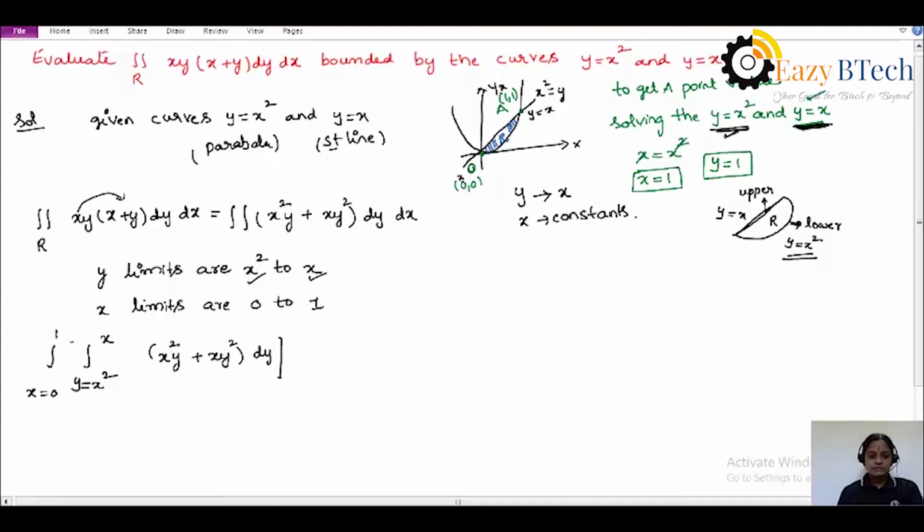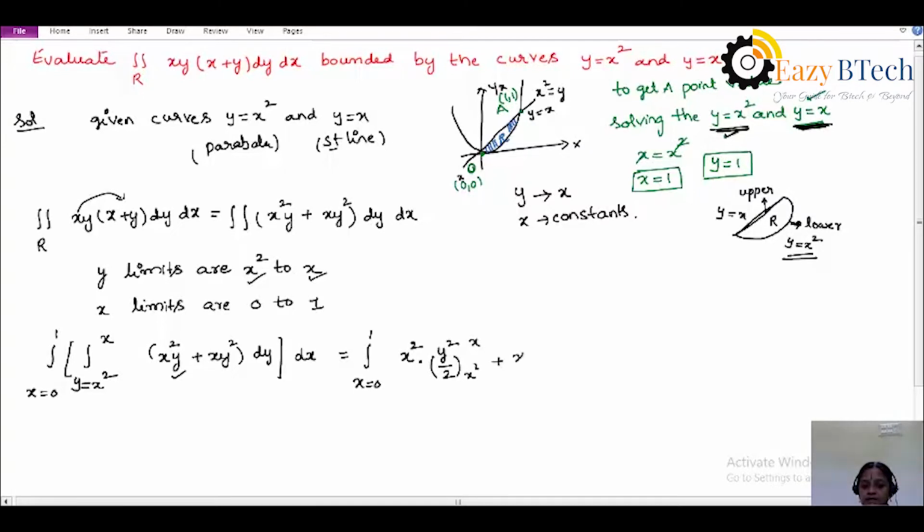So the integral from x = 0 to 1, integrating with respect to y, students. x² is a constant here, and the integral of y is y²/2 within the limits x² to x.